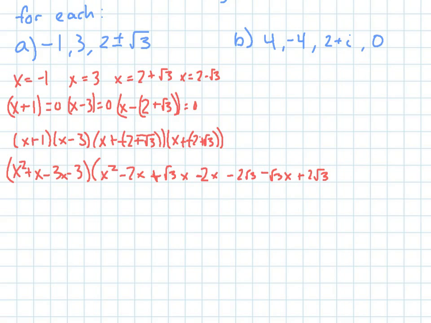Square root of 3 times square root of 3 gives you 3, so it'll be negative 3 when you're done.